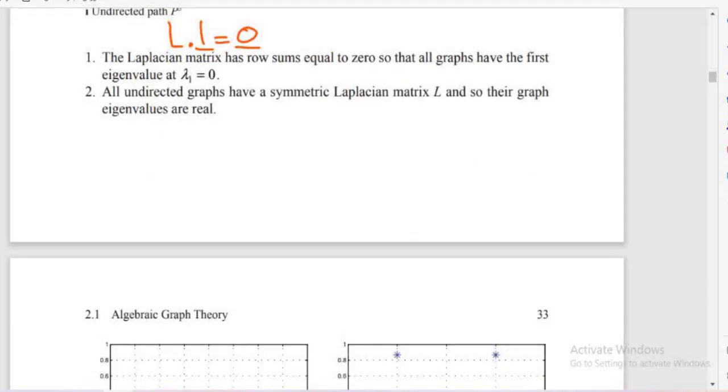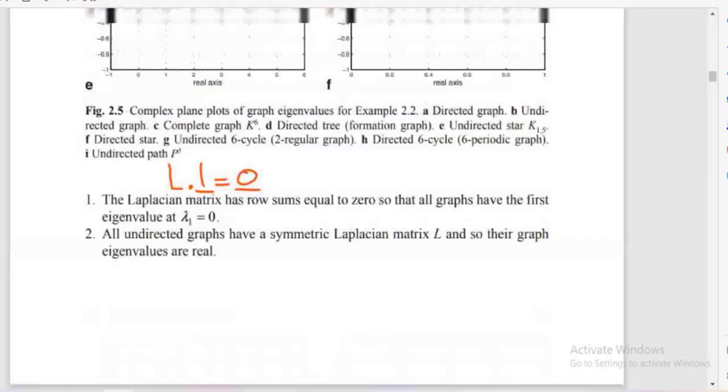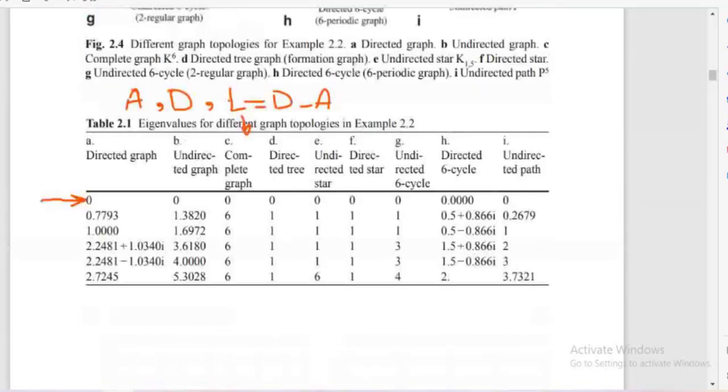For an undirected graph, the matrix L is symmetric, and the eigenvalues are real. Let me come back to the table. This is undirected. This is undirected.